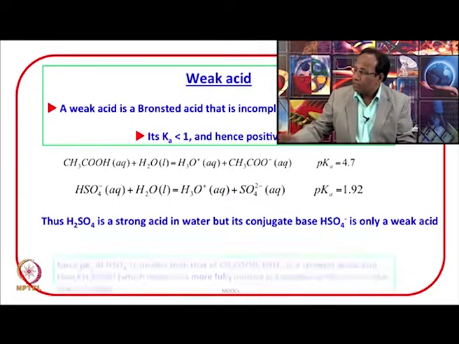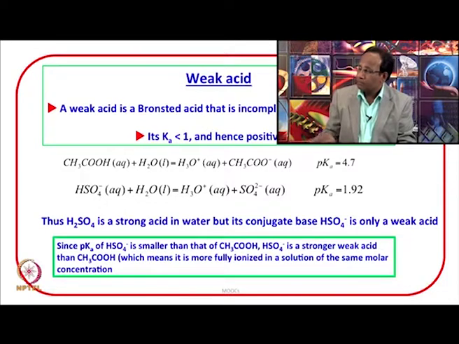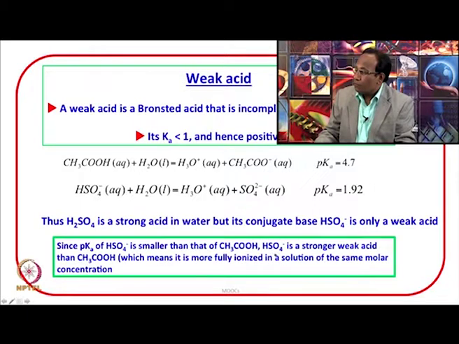Let us look at some of the comments. Since the pKa of HSO4 minus is smaller than that of acetic acid, HSO4 minus is a stronger weak acid than acetic acid, and that is what I was saying, that the comparison of these pKa values suggests that HSO4 minus is a stronger weak acid than acetic acid.